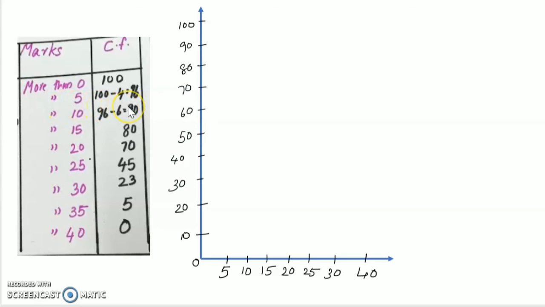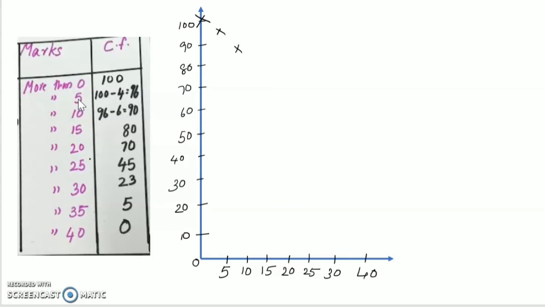Here also we have to plot all the marks. At 0, we mark the corresponding 100. And again at point 5, I am marking 96. Then corresponding to 10, I am marking 90.